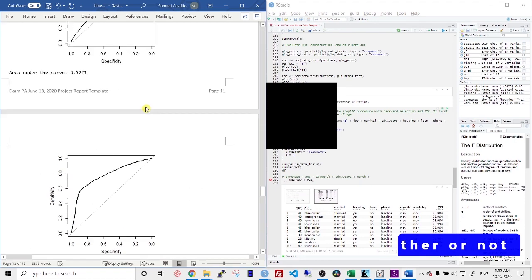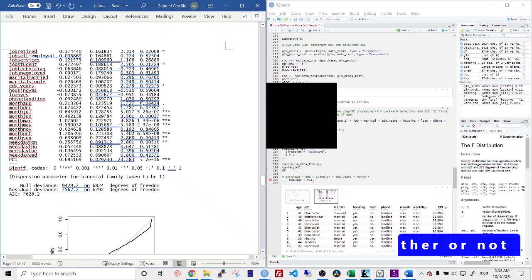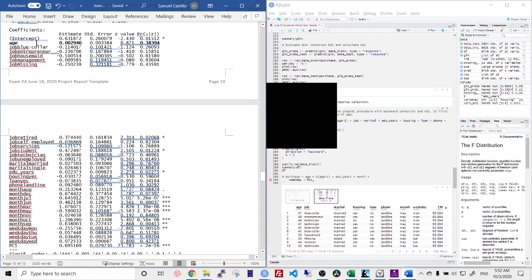And that makes sense intuitively, because if I tell you a person's job, their marital status, educational years, their housing, the type of loan, the month and day of the year that I call them, and the state of the economy at the time, you don't need to know how old they are in order to tell me if they're likely to purchase or not.